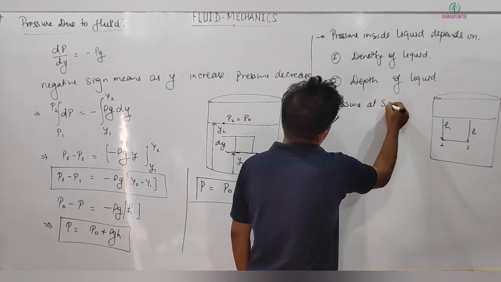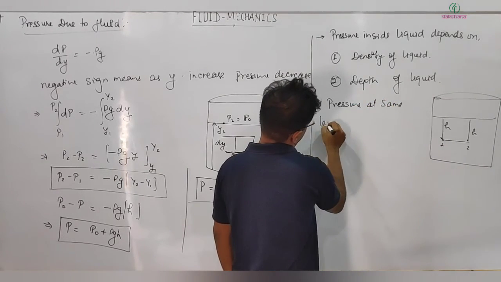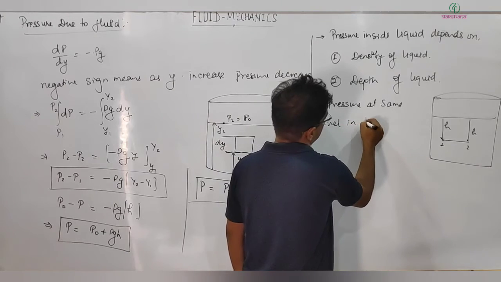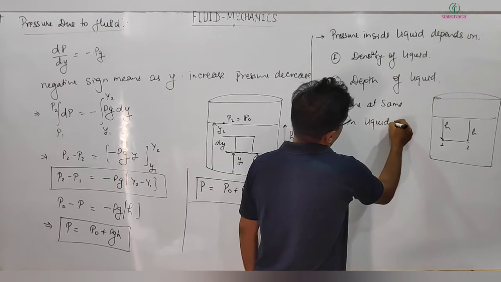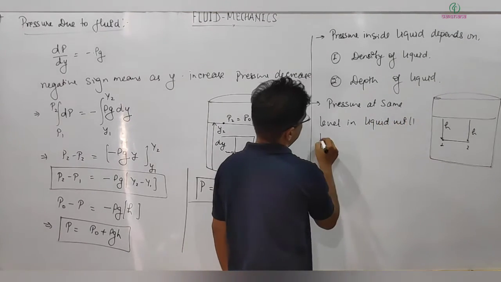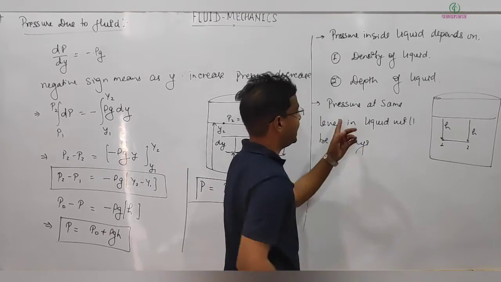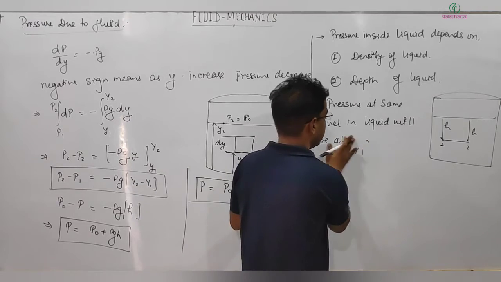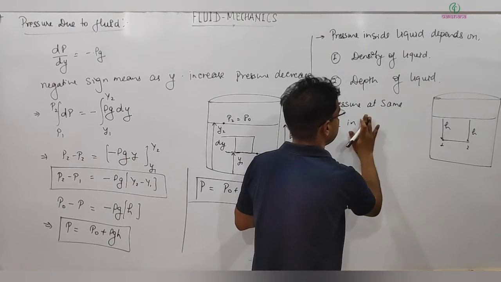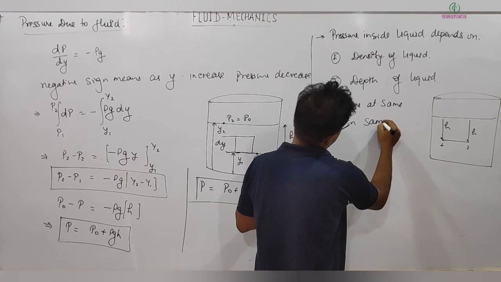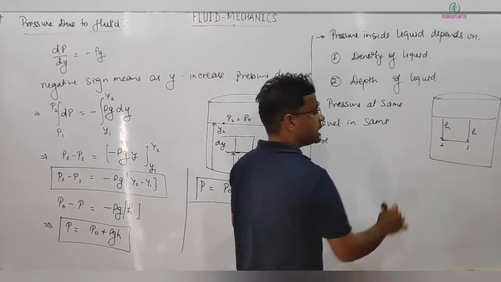So this implies pressure at the same level in a liquid will always be equal. I would say pressure at the same level in the same liquid, because we will see sometimes the level will be the same but the liquid is different.